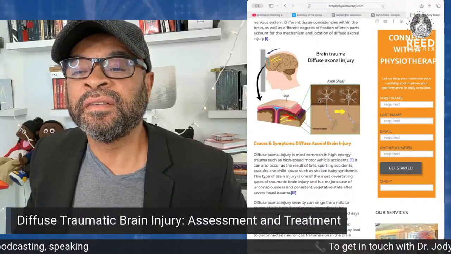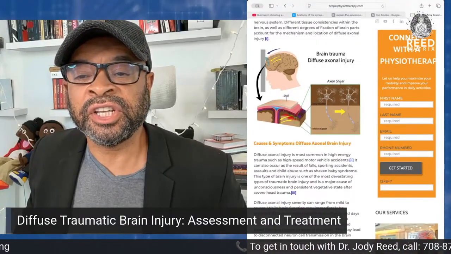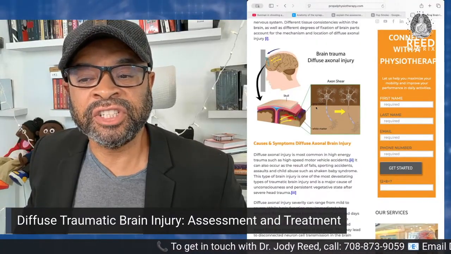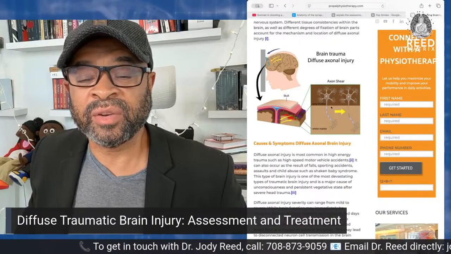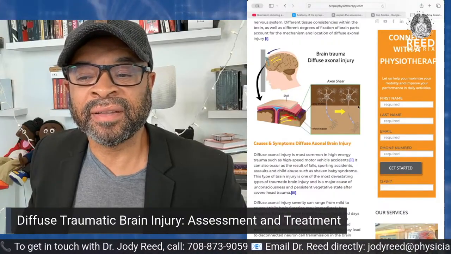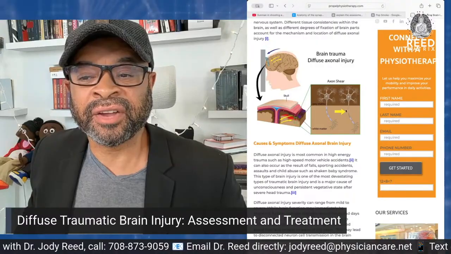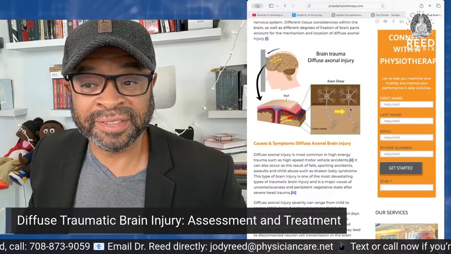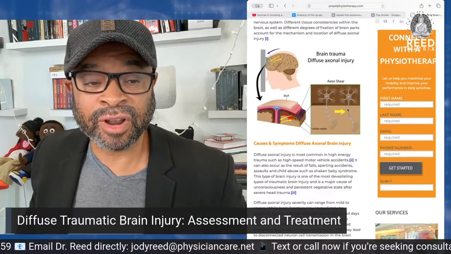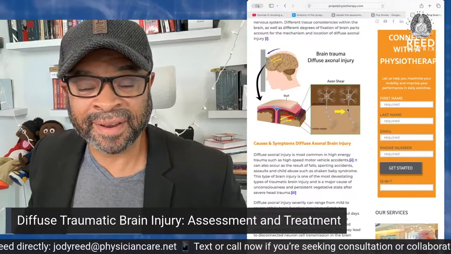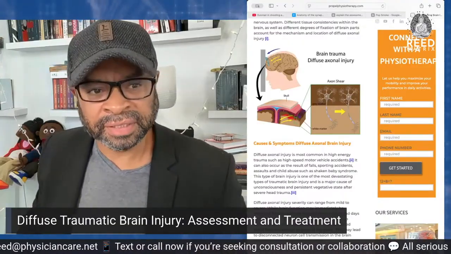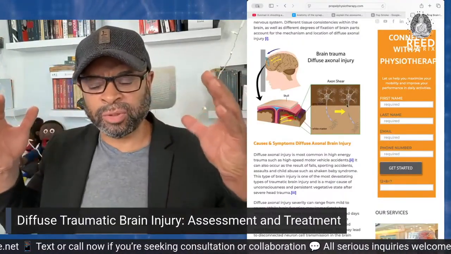Look, this is the axon shear here. At the differentiation between the gray and white matter, the severing can occur at this point, severing the neuron in half, right? This is very dangerous and it can occur in multiple locations.